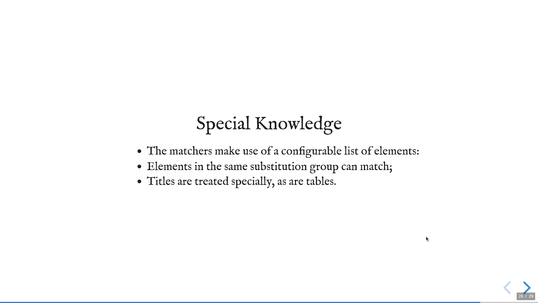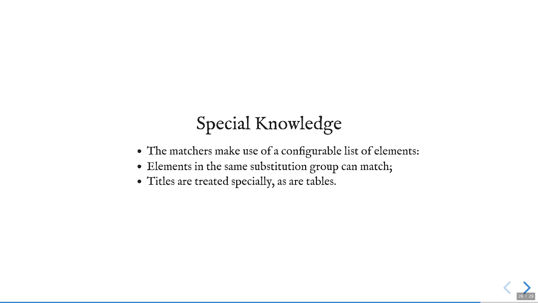The matchers make use of a configurable list of elements. Right now it's actually in a variable, but that's easy to edit. But we're working on a configuration file. We have a concept of substitution groups. This is not quite the XML schema one, but equivalent elements: if an element name has changed, we'll only accept them as corresponding if they're plausible.